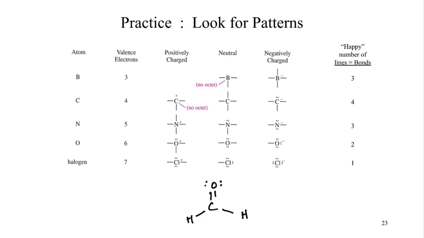Depends how you want to interpret it. This isn't saying you have 4 single bonds. It's saying you have 4 bonds. How do I know I have a bond? I have a line. How many lines are around that carbon? 4. I don't necessarily care where those 4 are located. As long as there are 4 there, that carbon is neutral. Make sense?